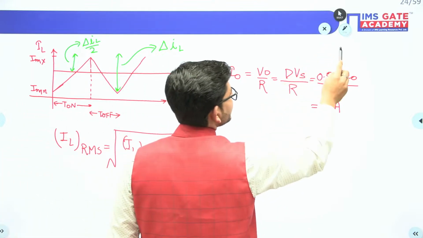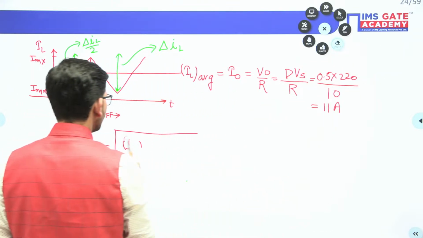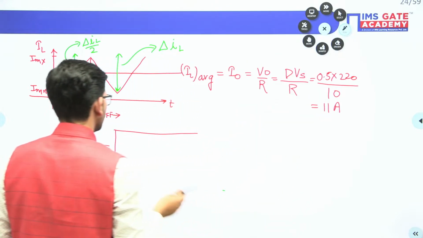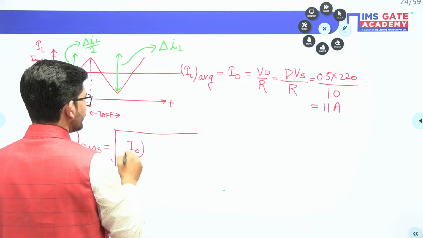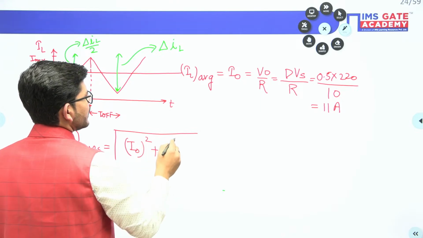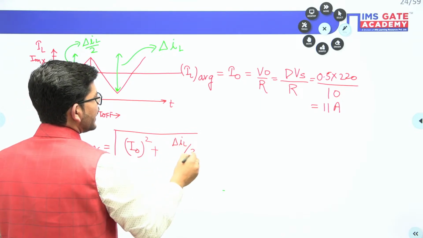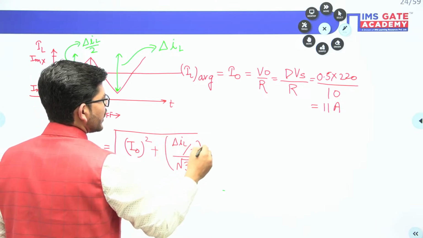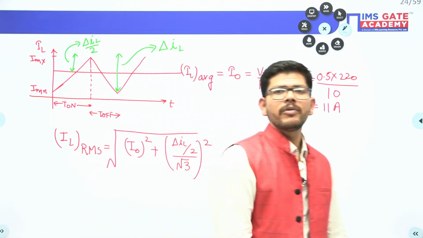IL average is basically I naught. So directly we can write I naught square plus del IL by 2 divided by root 3 square, okay. So this is how we will calculate.